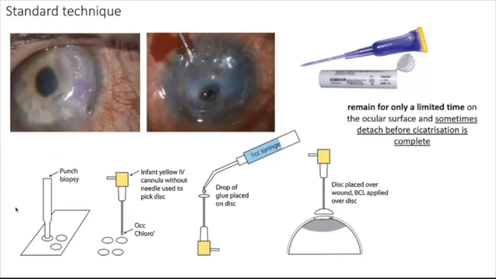Normally you take a punch biopsy of a sterile drape, and on the sterile drape, from one side you put chloramphenicol, from the other side you put a drop of glue, and then you apply it over the hole. It is a temporary occlusion for a small or medium-sized perforation.